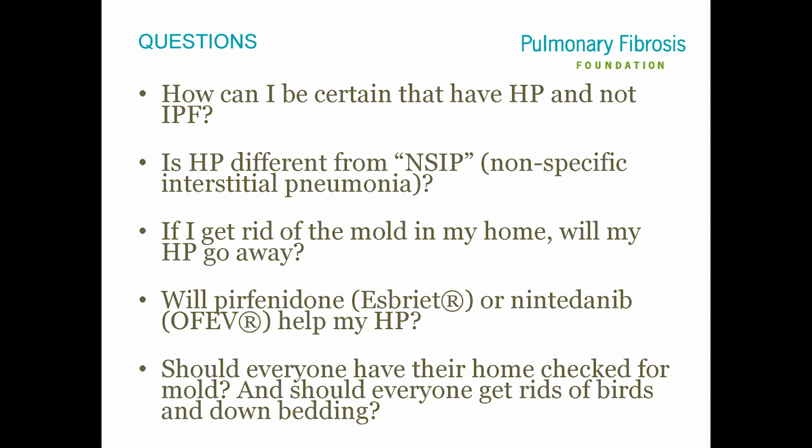For example, someone might have an autoimmune disease or might have been exposed to certain medications that might have triggered the inflammation or scar tissue in the lungs. In general, HP and NSIP are considered to be different diseases or different patterns under the microscope, but in some cases there is substantial overlap between them, just like we see overlap between HP and IPF sometimes.